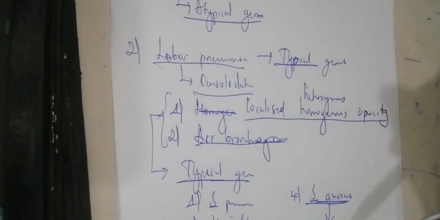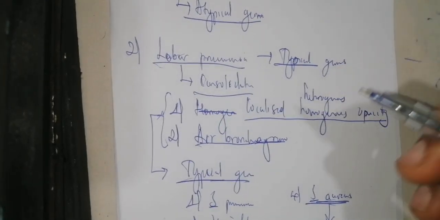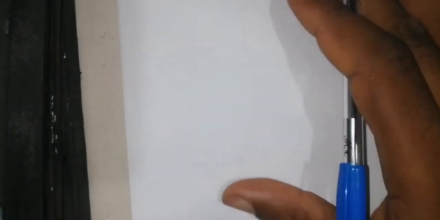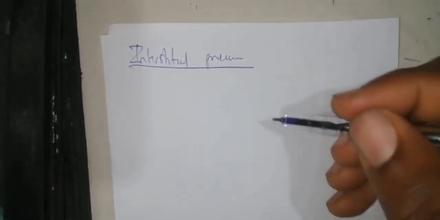Now, after visualizing lobar pneumonia with the typical germs, you need to know that we have another pattern that can be presented on the X-ray. Is it clear? That pattern is a case of interstitial pneumonia. With interstitial pneumonia, you're going to visualize reticular opacities.